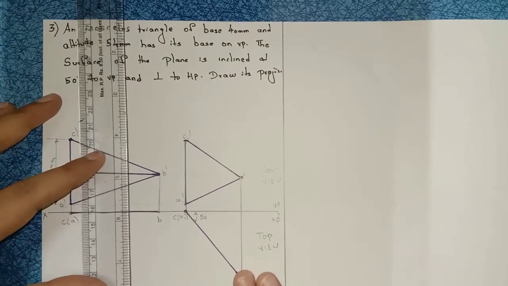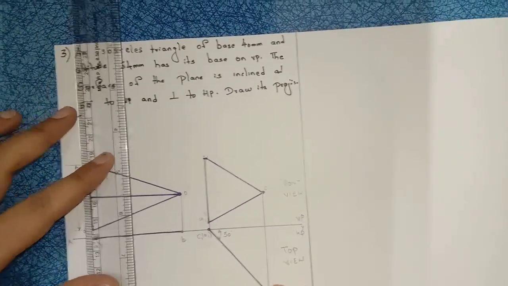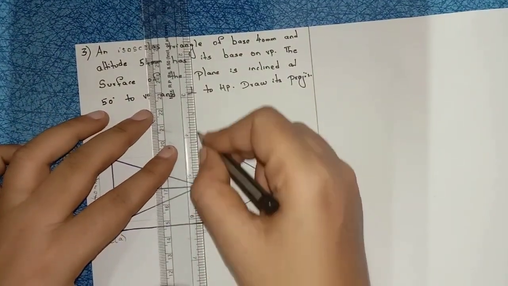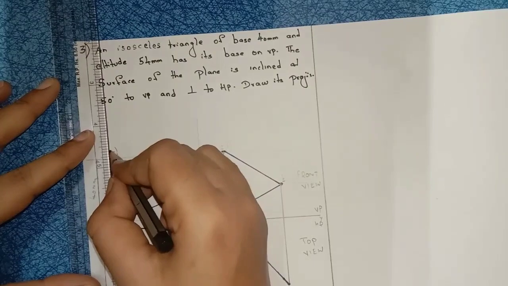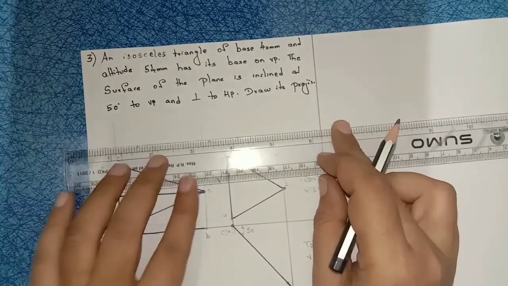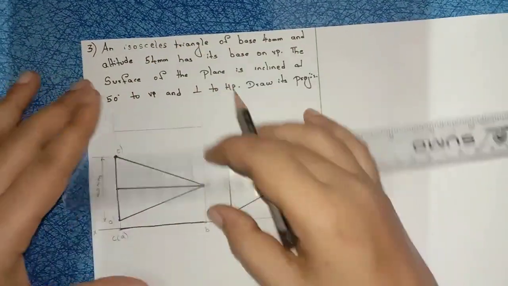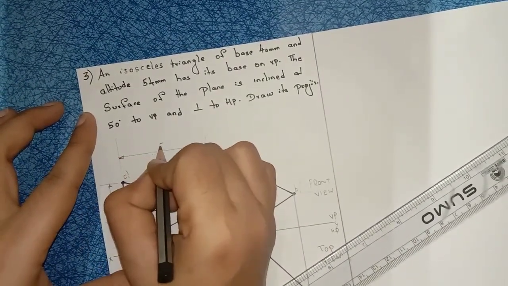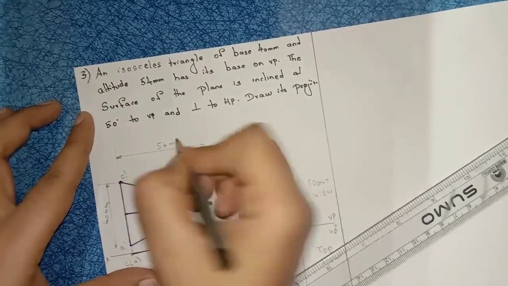Draw the extension line and the dimension line with closed and filled arrow marks. This is your altitude, 54 mm. So this completes your problem.